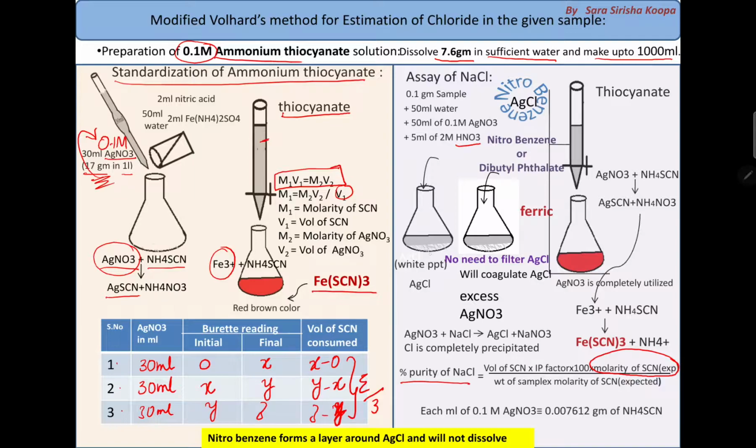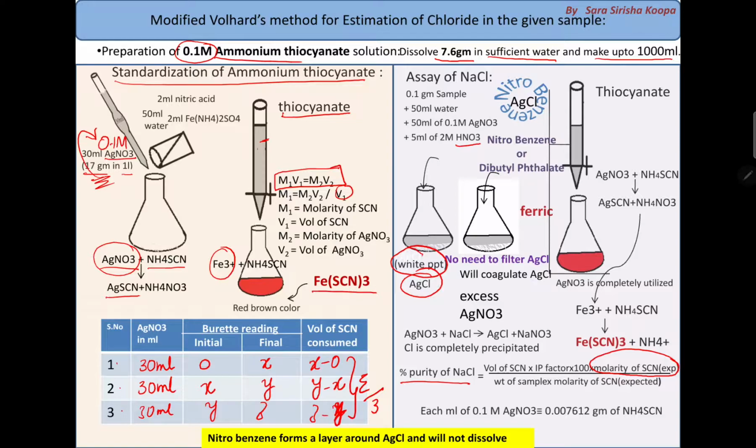So whatever chloride or halide the sample has, it will be converted into AgCl, a white precipitate. AgCl will be formed.